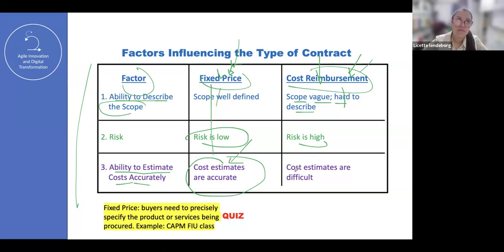However, when the cost estimates are difficult, you normally use cost reimbursement. With fixed price, the buyers need to precisely specify the product or service being procured. For example, the CAPM, this class, and FIU. That is the example.